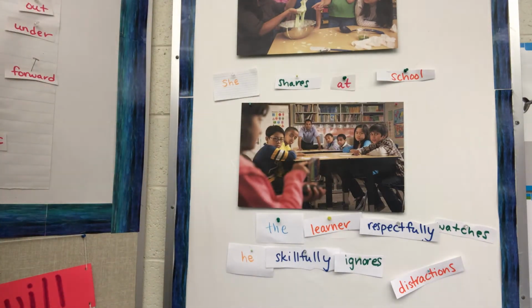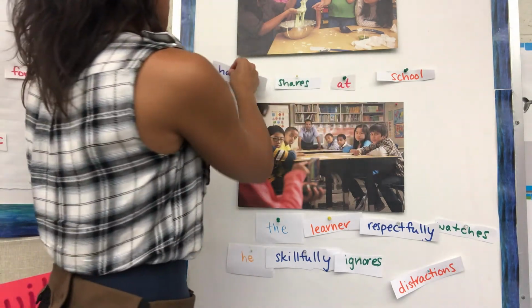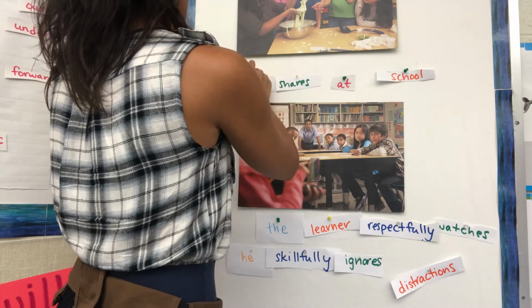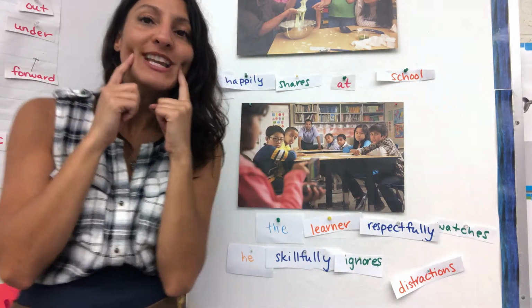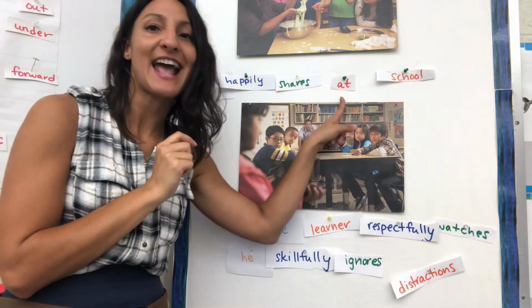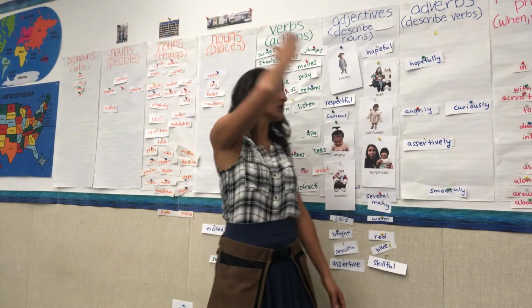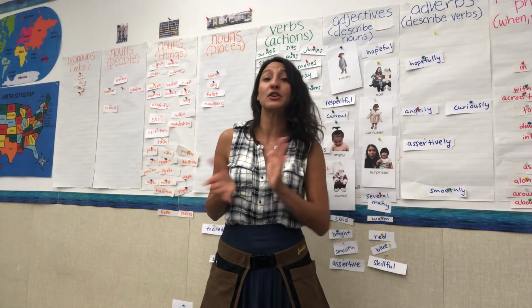She happily shares at school. Happily. Say it with me. She happily shares at school. Building sentences is so much fun. Make sure you have all of your parts to make one sentence to tell what you think.